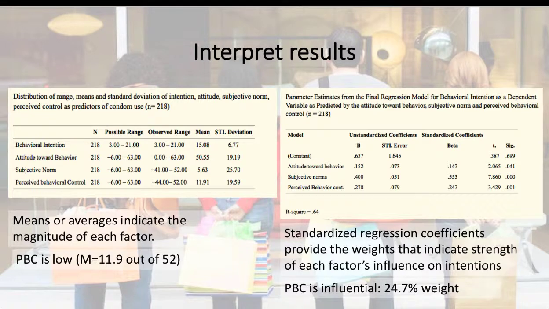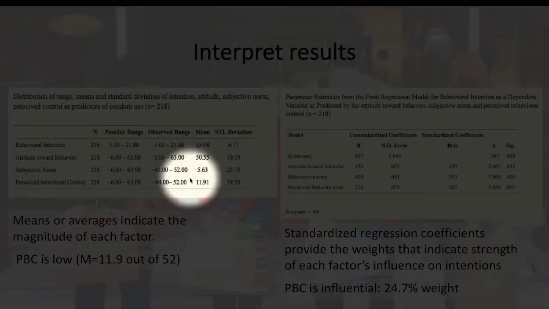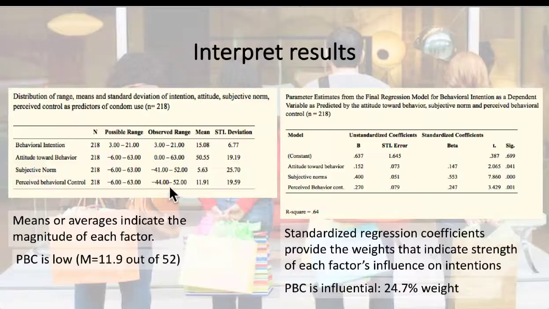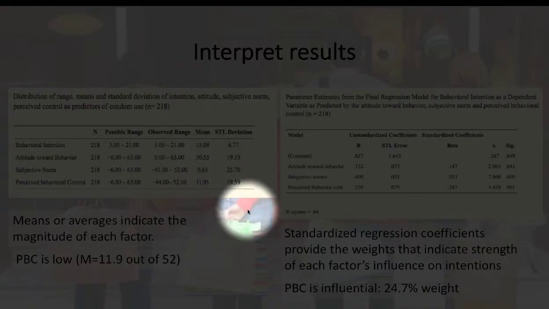But this would be a basic interpretation of results. So we would say that these are the two most influential factors, and when we look at their values, they could be higher, particularly even perceived behavioral control. The person has a very low score here. So this is something that needs adjusting in order to increase behavioral intentions.